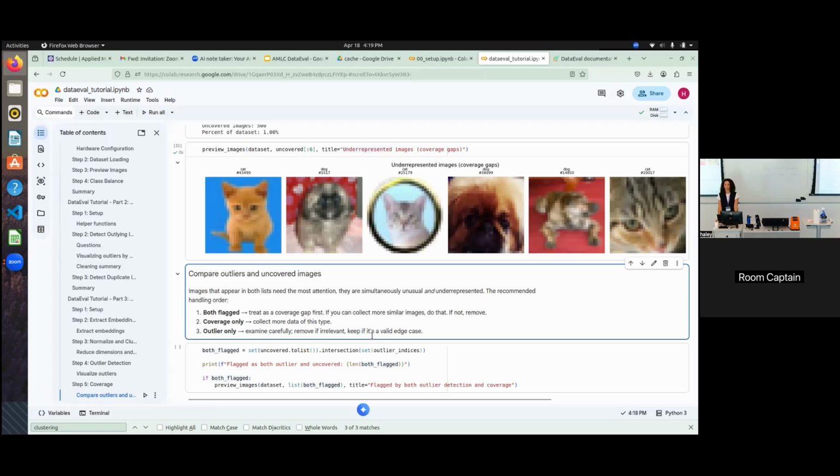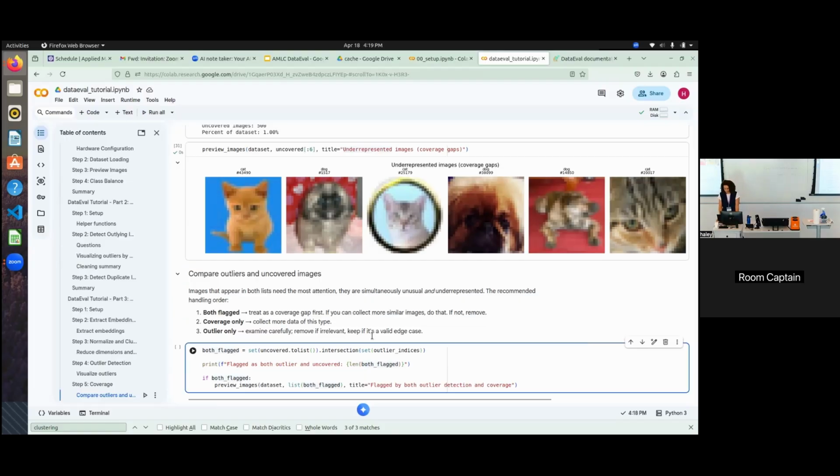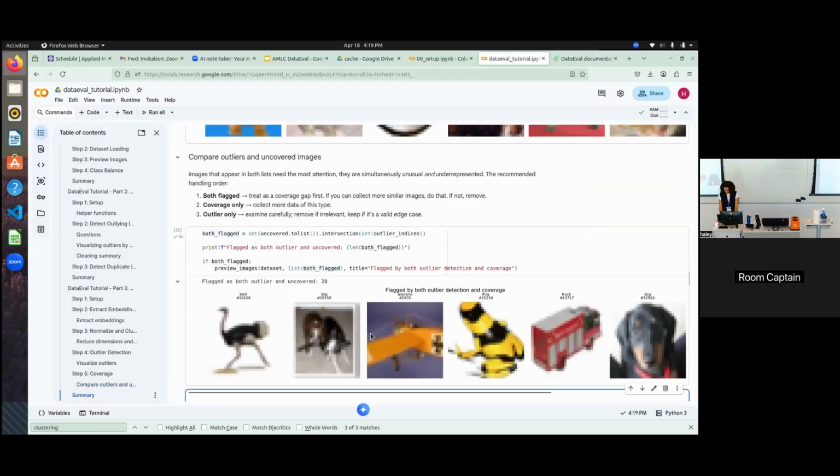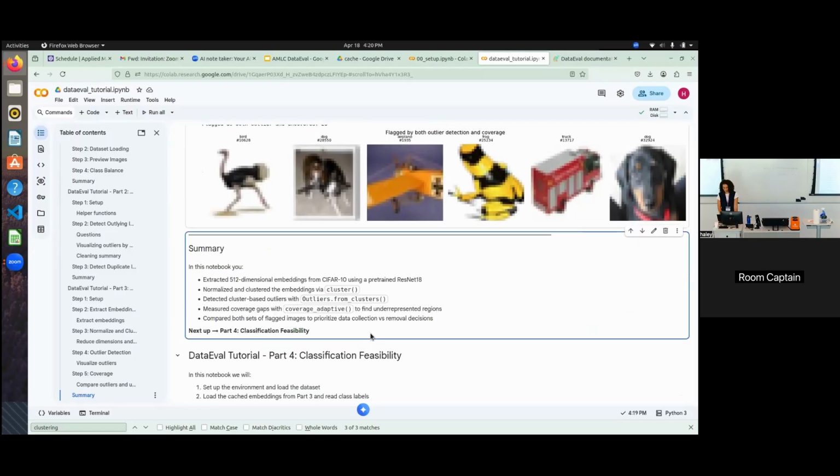There is a whole suite of other tools that can help you with generating image perturbations, looking for robustness, and all kinds of things, which I can share after. These are images that were flagged as being both uncovered and an outlier. That is the end of what would have been notebook 3. Let's not get ahead of ourselves.